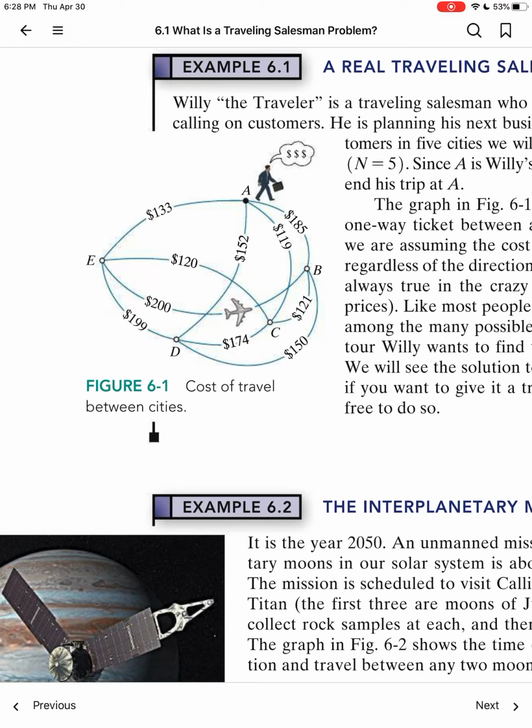And every vertex has 4 edges coming out of it. 1, 2, 3, 4. Corresponding to the prices that it costs to fly from that vertex to another. And as long as we have 5 vertices and every vertex has degree 4, we know we have a complete graph on 5 vertices. So even though it doesn't look like it, we could drag these little points around and make it look like a star.